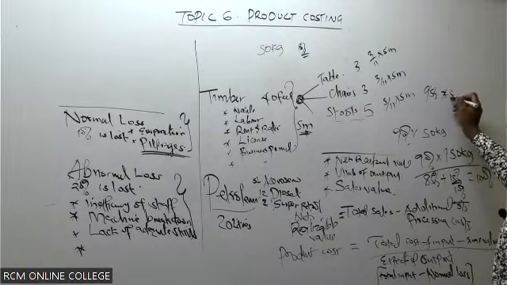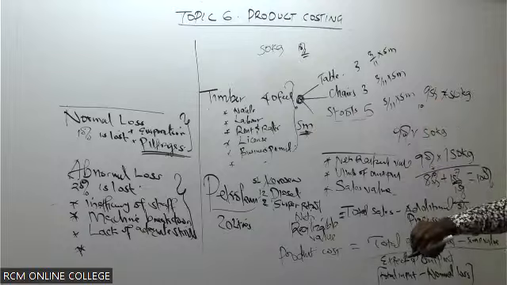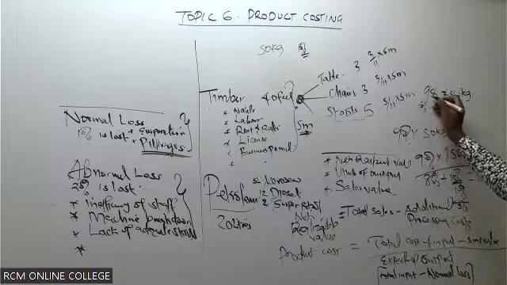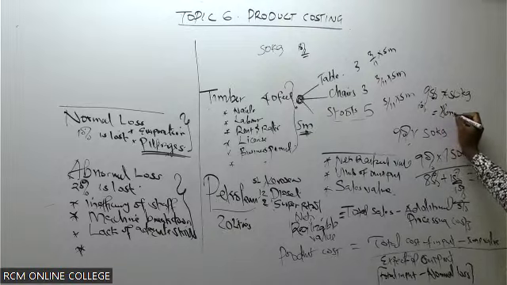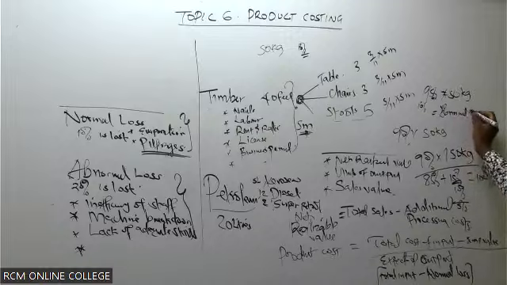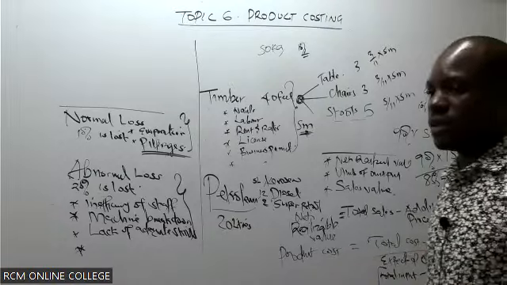They expect to lose 10%, but here they have only lost 5%. So what has happened? There's what we call abnormal gain. Abnormal gain has occurred.